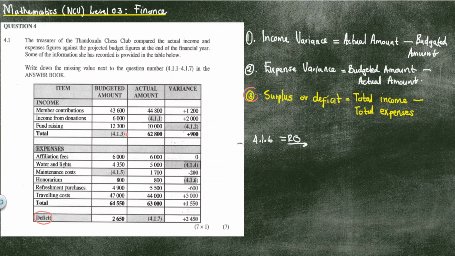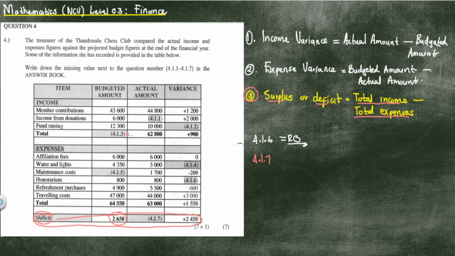So we now focus on the third equation. We are doing 4.1.7, so we are doing calculations for the last row, right? So how do you calculate a surplus or a deficit? Since we have a deficit, it's always calculated like this: total income minus total expenses. So how was this value calculated?